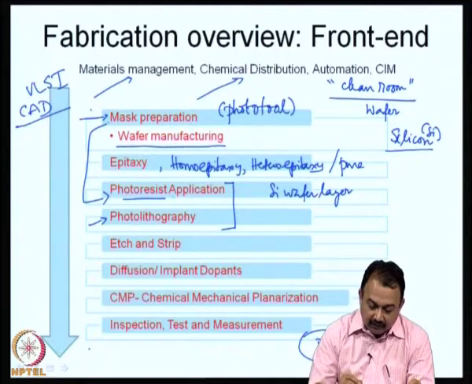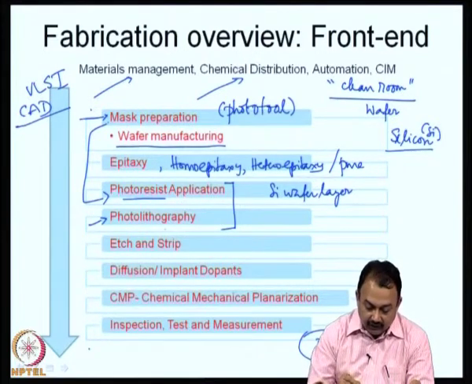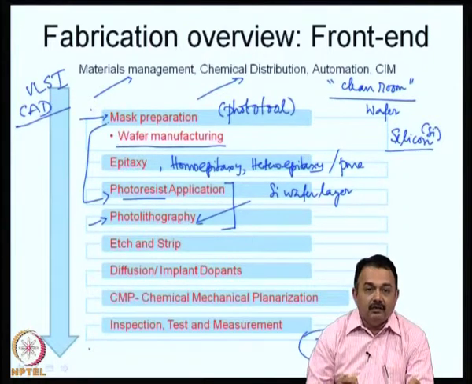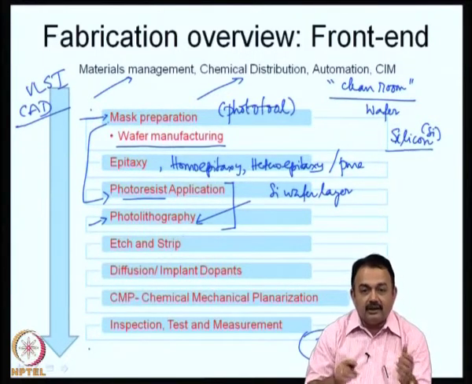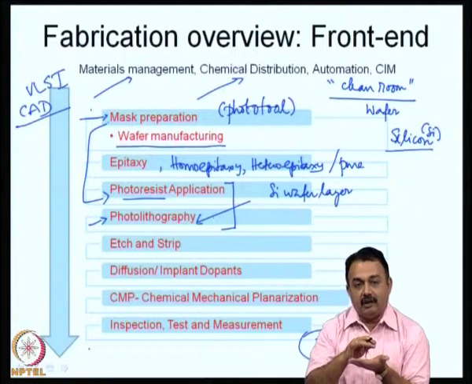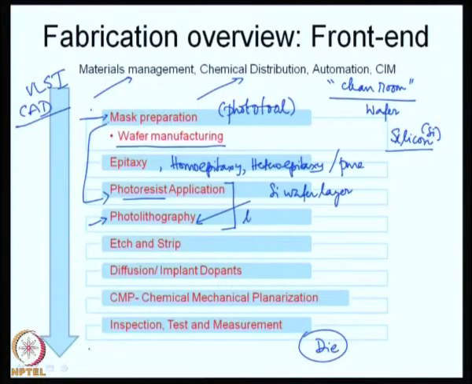So, after the photoresist is applied and it is cured, then we use a photolithography using the mask that we have generated for a particular layer. Now, once the mask is kept on the substrate which is applied with the photoresist material, then you apply a light source.